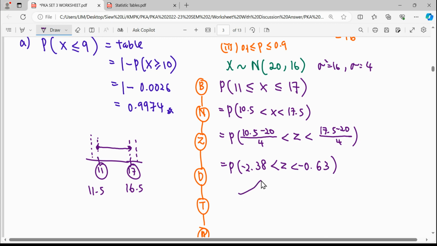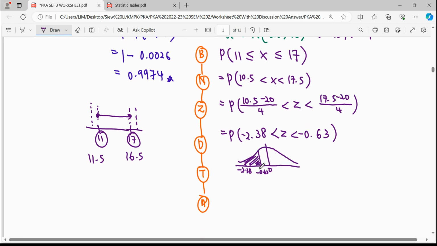Then we draw out this region, negative 2.38, negative 0.63, this area. So to find this area, we take the bigger tail minus the shorter tail here.